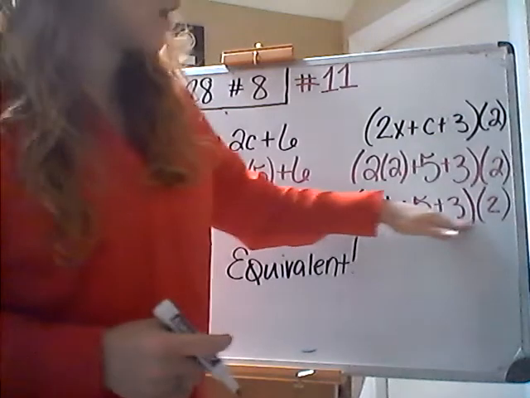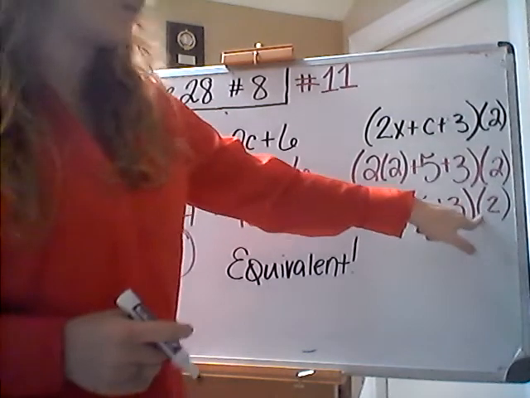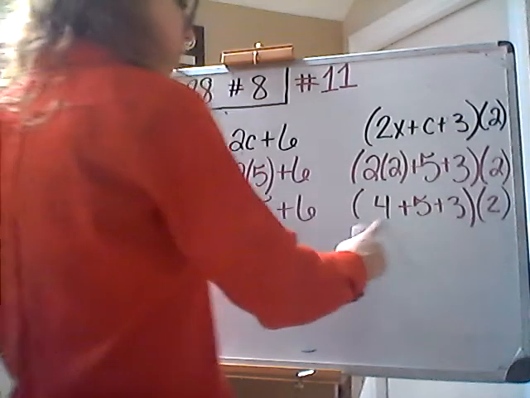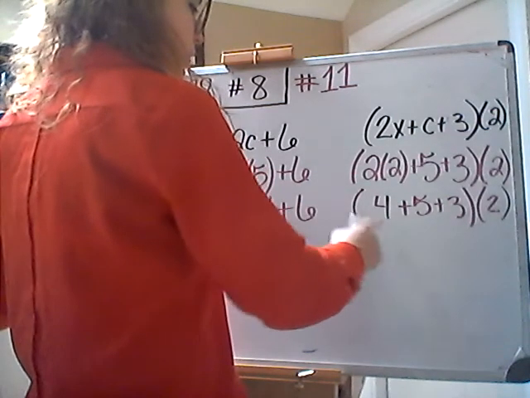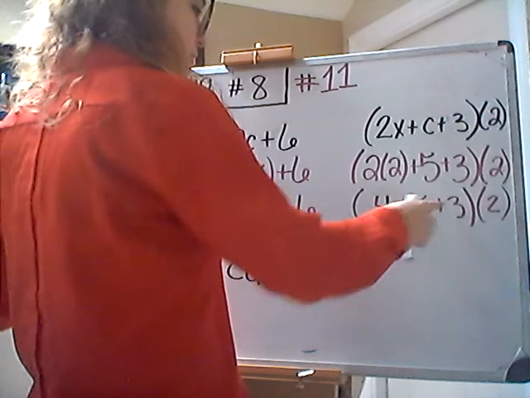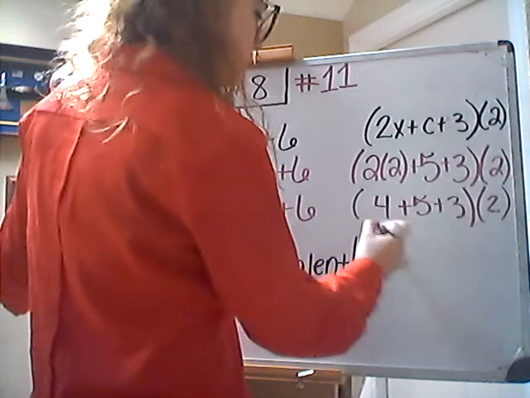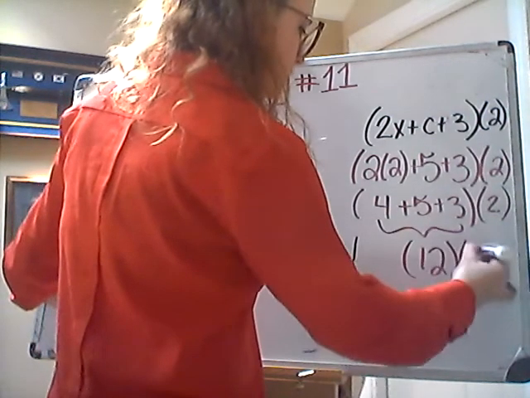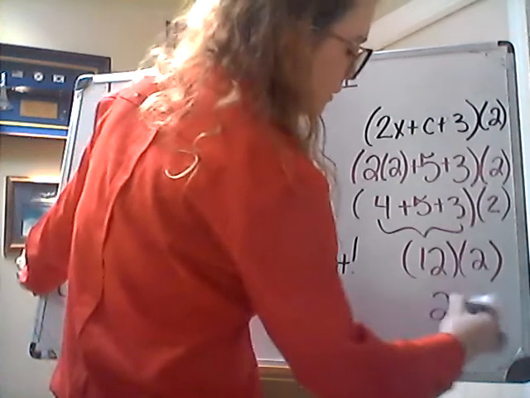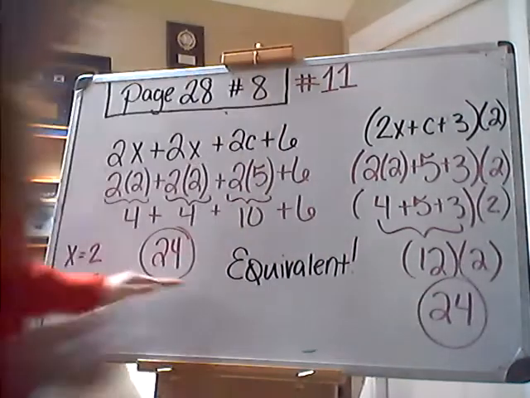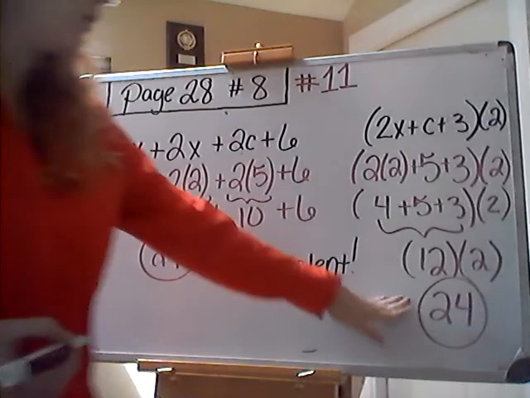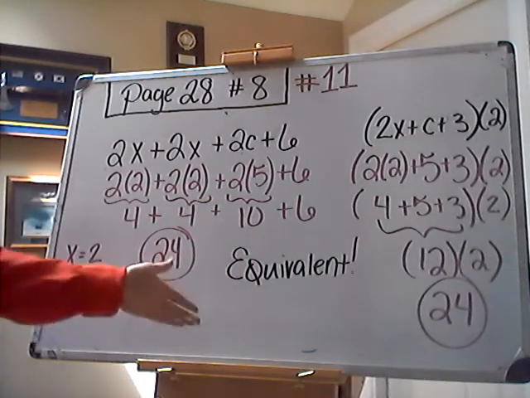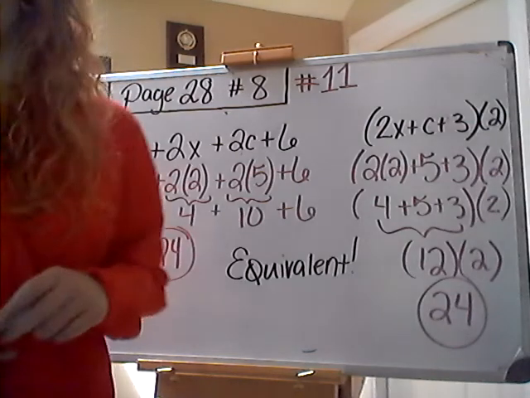Again, we still have to finish everything that is inside the parentheses before we can do times 2. 4 plus 5 plus 3, 4 plus 5 is 9, plus 3 is 12. So this is 12 times 2, which is 24. We've checked. We now can see numerically that these are equivalent. They give us the same answer if we plug in numbers.